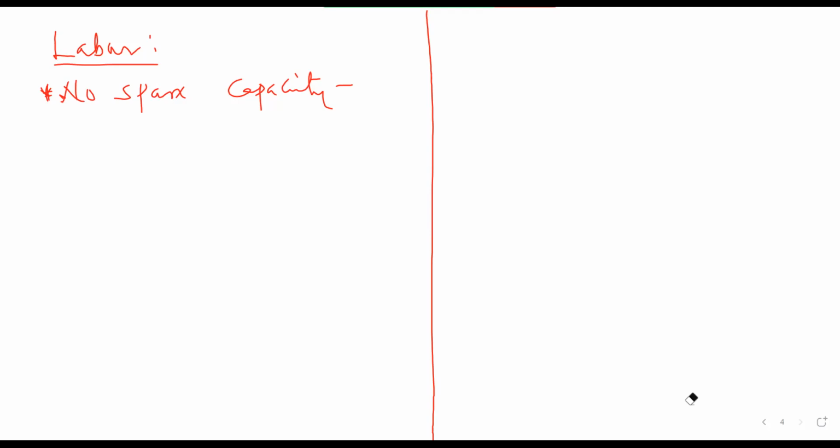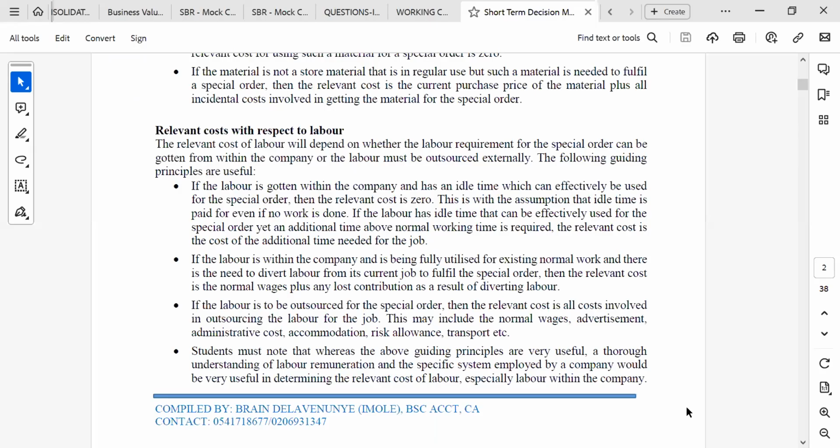Okay, there will be a question like that where you have to consider what you are going to do. You will transfer people from here to that place. How much are you paying them? If you are transferring them from this place, it means that they are going to be working there. What is the cost of you replacing them? The relevant cost will be the lower of the 2. All right. So let's take it one by one.